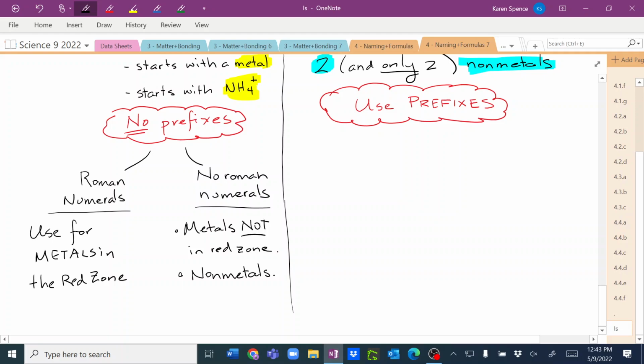And today, just by way of review, for how to find the Roman numerals, and a little review on what we're doing with these, we're going to focus on how to find Roman numerals when you have compounds with polyatomic ions, okay?